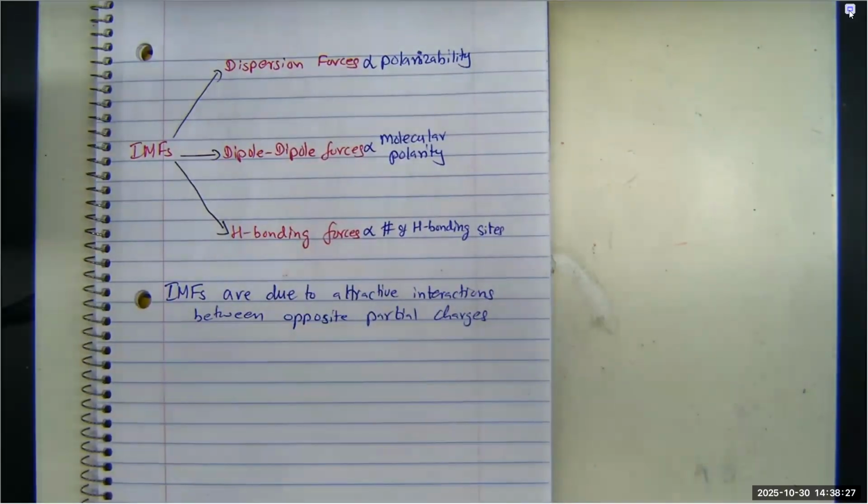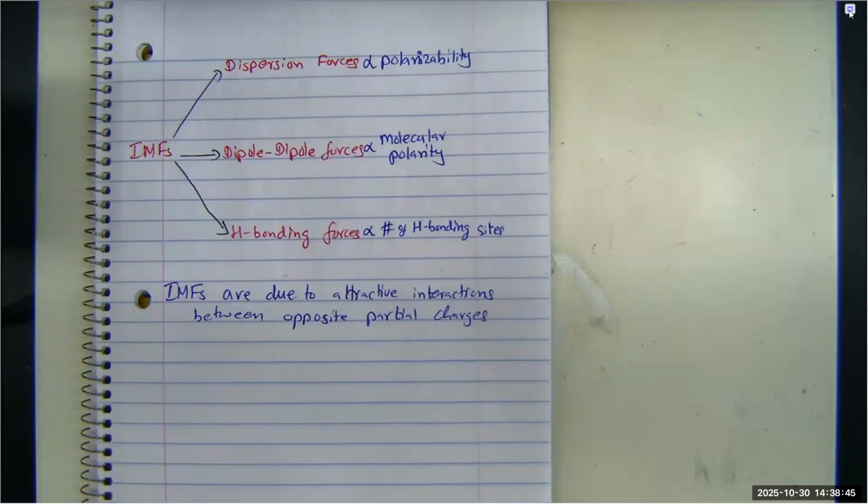Meaning, if you don't have opposite partial charges, you don't have intermolecular forces. Okay? For you to have intermolecular forces, you have to have partial charges, and then the opposite partial charges of adjacent molecules are attracted to each other, and that is what we call intermolecular forces.